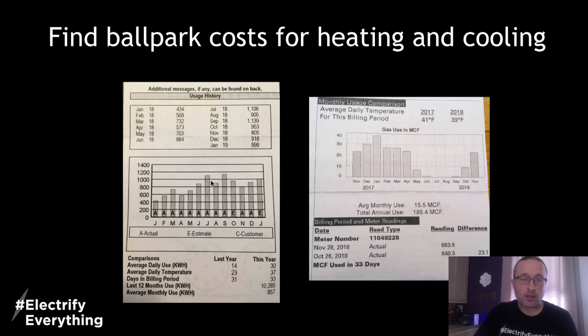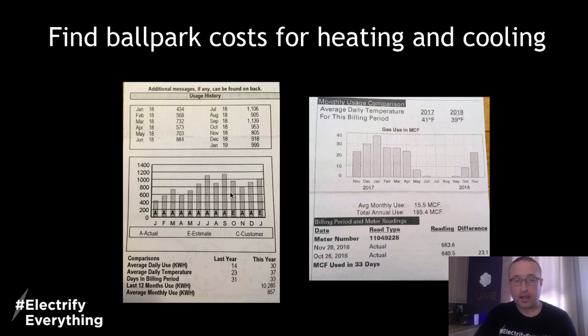But let's take a look at January and July. So in January, we used a little over 400 kilowatt hours. So call that 410, 415, something like that. And then in July, I used 850 or so. So if you subtract those out, that's like 400 kilowatt hours a month for cooling.